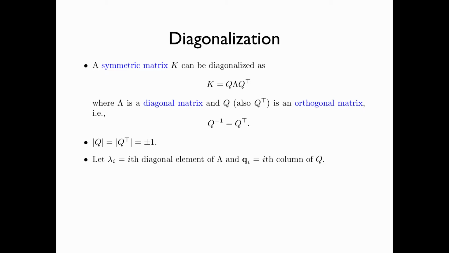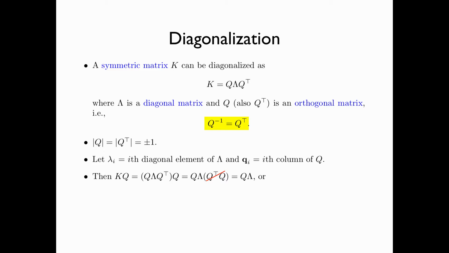Let lambda i be the ith diagonal element of the matrix lambda, and Qi be the ith column of the matrix Q. Then KQ is equal to Q times lambda times Q transpose times Q. By the associativity of matrix multiplication, we have Q lambda bracket Q transpose times Q, where Q transpose times Q is equal to the identity matrix.